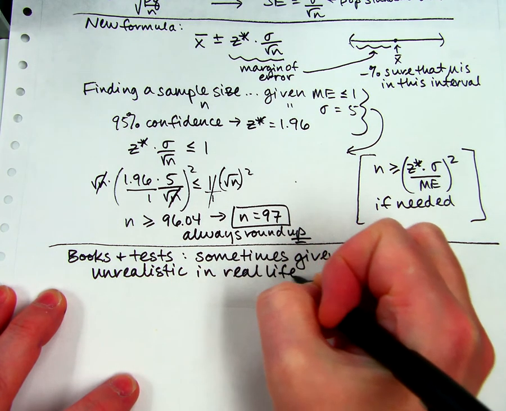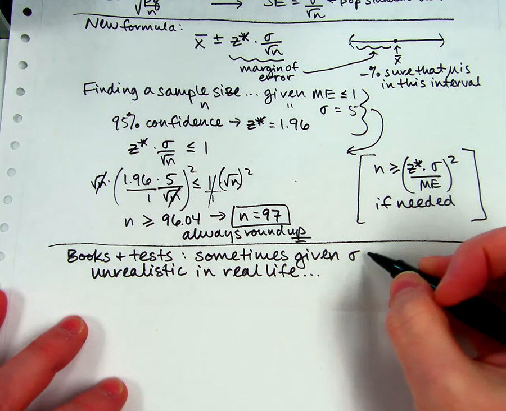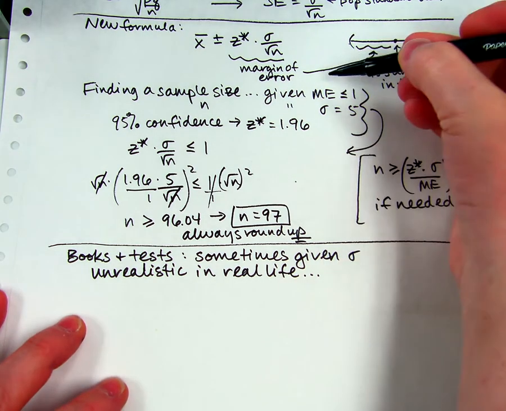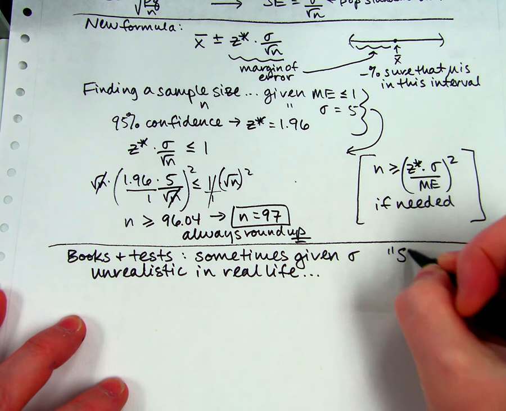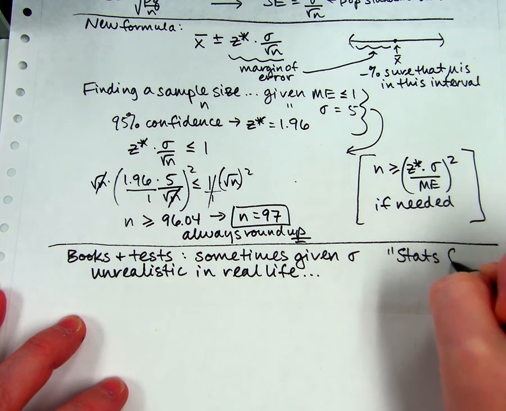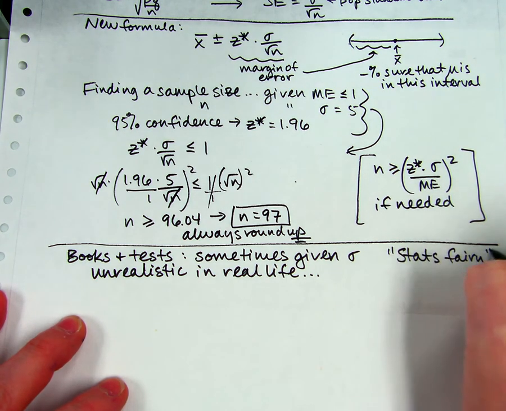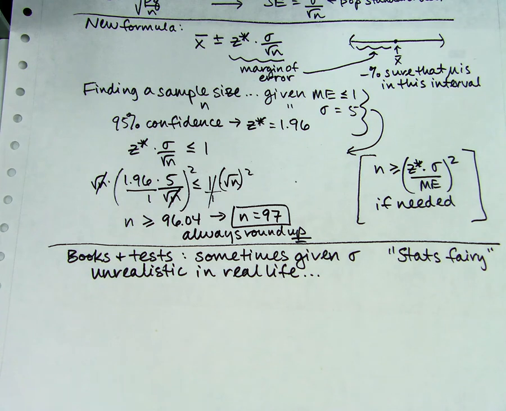So what I like to do is pretend that this sigma that they sometimes give you comes from a mysterious stats fairy who comes and whispers it in your ear and says, oh, by the way, sigma is this. And that's so unrealistic. When I used to spend a couple days on it, we kept talking about the stats fairy, and then one day the stats fairy would not show up.